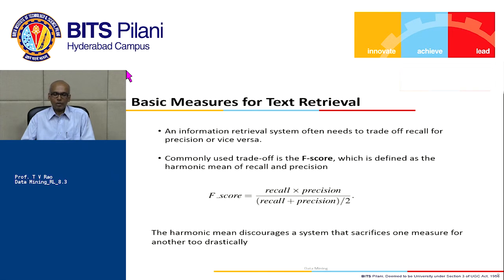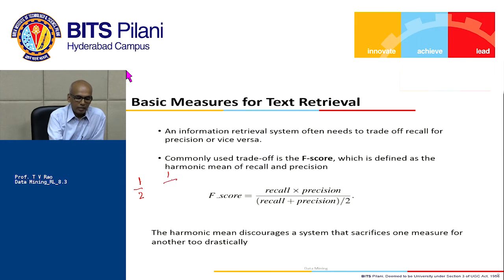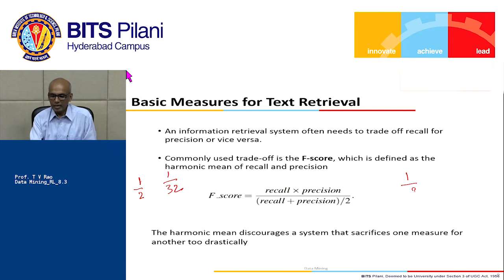These are further combined to create an F-score. The F-score represents a harmonic mean of both recall and precision. This helps us balance recall and precision whenever we are creating a solution. Let's say we have one algorithm where the recall and precision are 1 by 2 and 1 by 32, and another algorithm giving us a recall of 1 by 8 and a precision of 1 by 8.